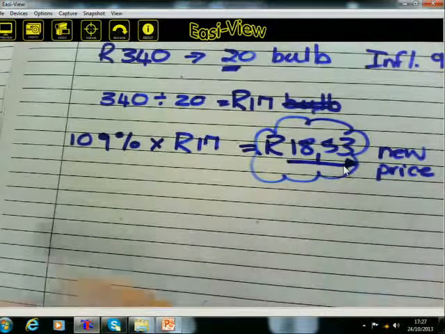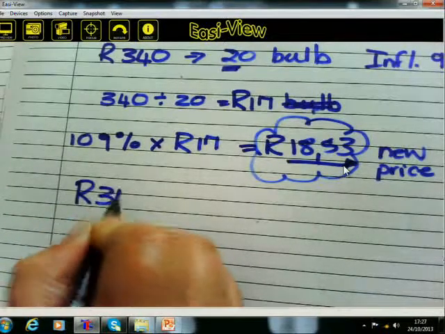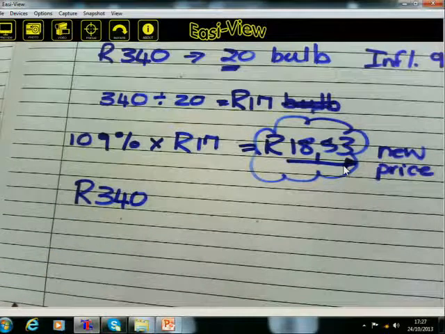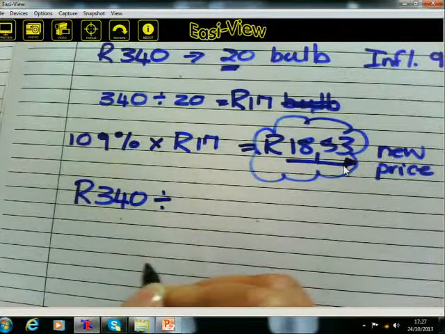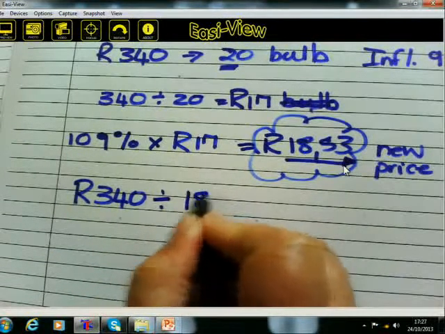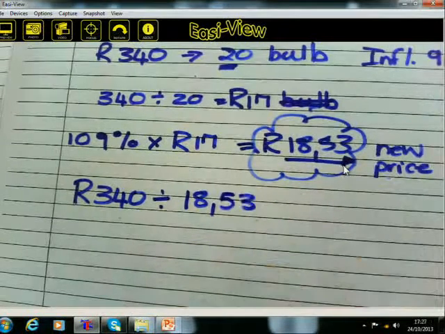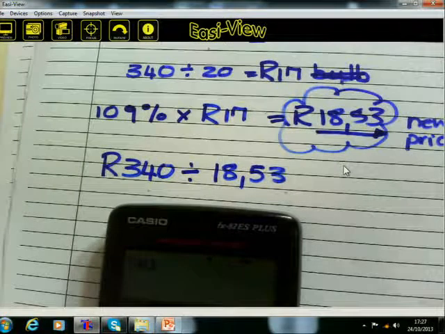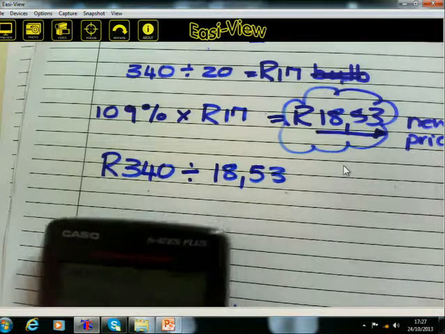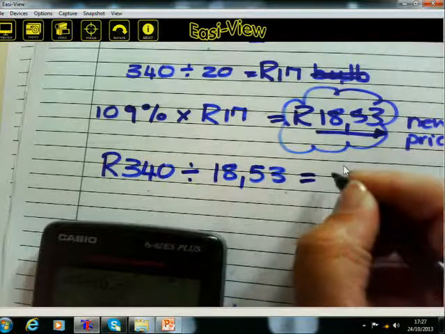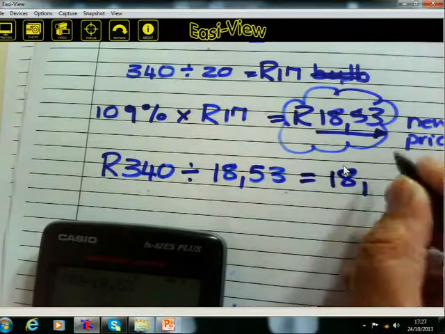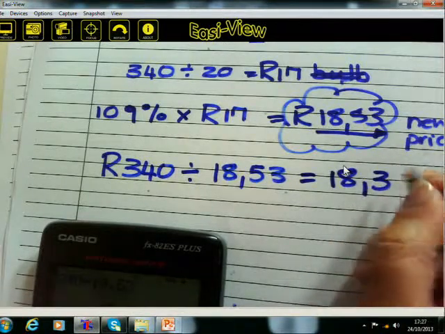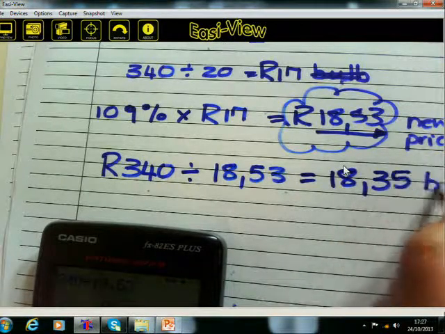So now the question said, I still only have 340 Rand. Now it says, how many bulbs can I buy in a year's time? So I have to divide by the new price with the inflation. So it's 340 divided by 18.53, and that equals, now be careful, 18 comma, if I round it, 3, 5 bulbs.